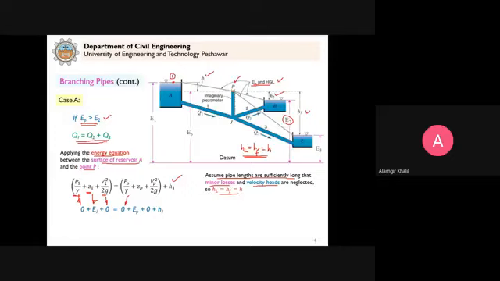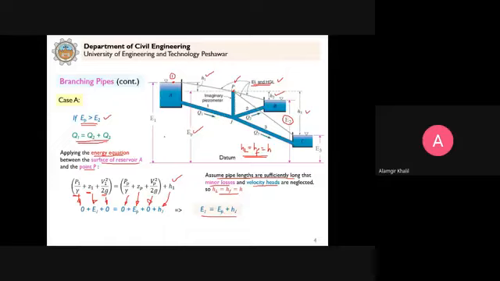Now the elevation of this point P above a datum is represented by EP, so that comes here as EP. Again here the velocity is taken as equal to 0, and this H1 comes here. So when we apply the energy equation, we get the relationship that E1 is equal to EP plus H1.